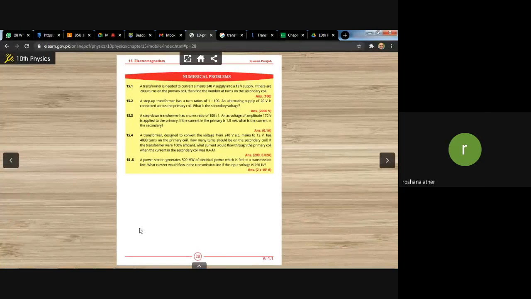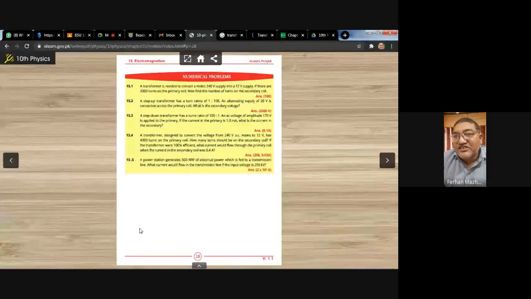If the transformer was 100% efficient, what current would flow through the primary coil when the current in the secondary coil was 0.4 amp? The current in the secondary IS is given 0.4 ampere, and the current in the primary is questioned. IP is the question. That is the second part of the question.